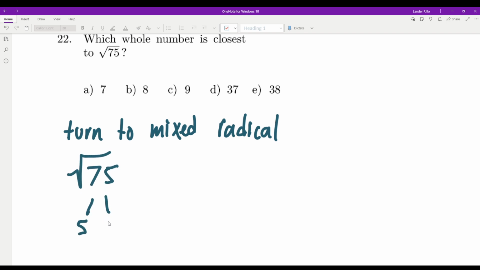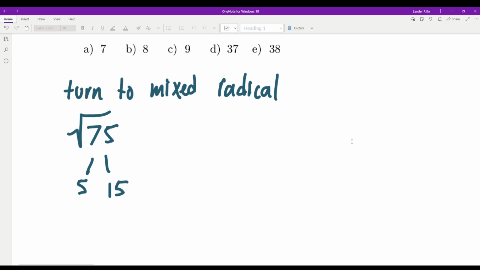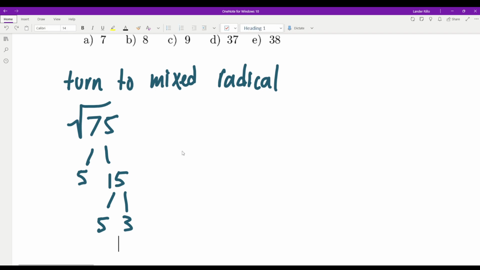that's 5 and 15. And this is a prime number, so we can stop there, and then 5 and 3. Since it's a square root, look for groups of 2. And that will be 5 squared.